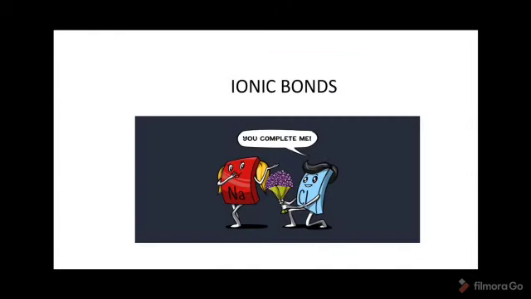First, ionic bonds. In ionic bonding, there is a transfer of one or more electrons from one atom to another atom in order to achieve a stable, complete electronic configuration.